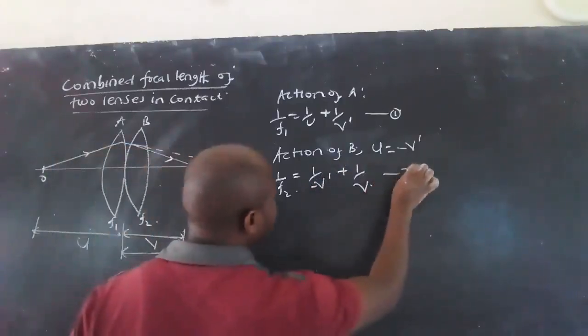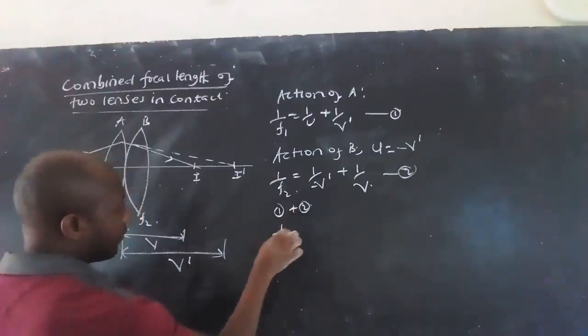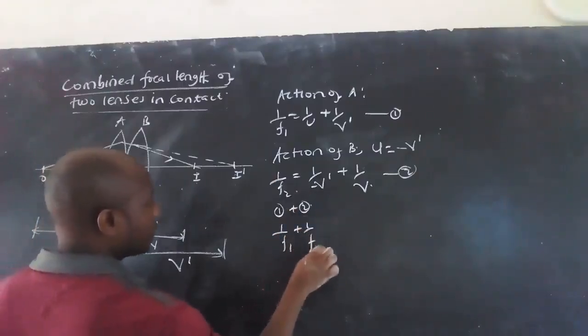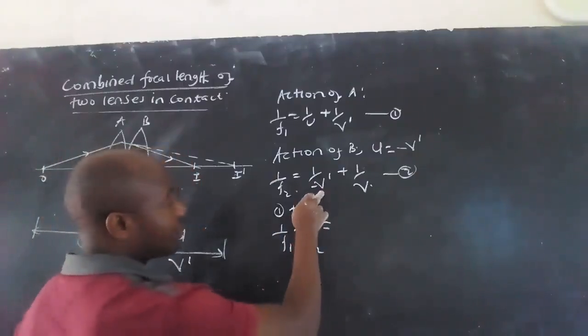Then adding equation 1 and 2, we shall say 1 over F1 plus 1 over F2 should give us, when you add, what do we get? The 1 over V prime will disappear.